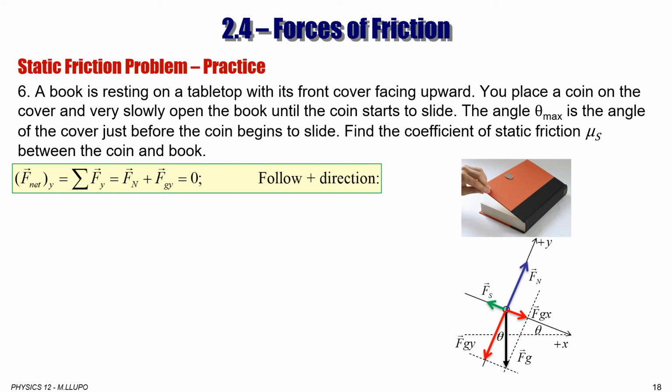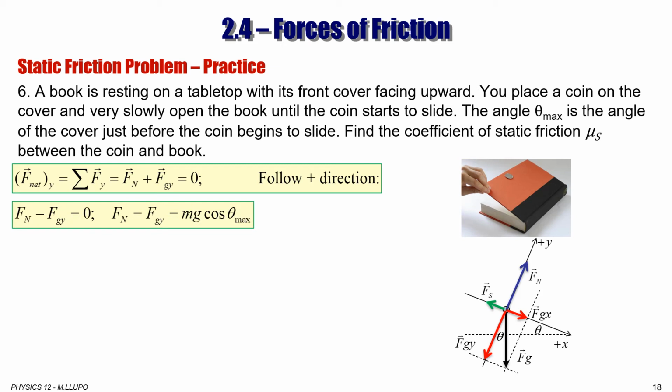Since the object is not moving on both axes, we apply Newton's first law, so F net is equal to 0. F net is the sum of all forces, which is equal to 0. We pick the positive directions as up and along the surface to the right, the direction of attempted motion.